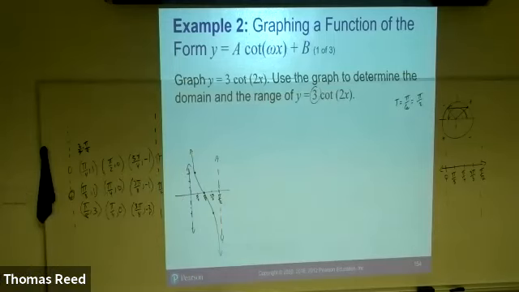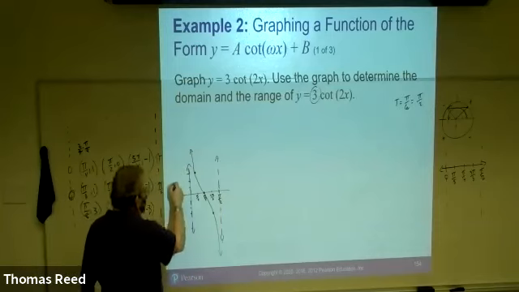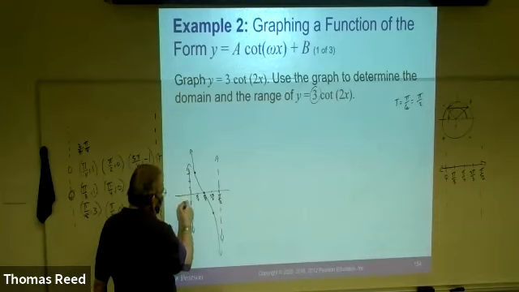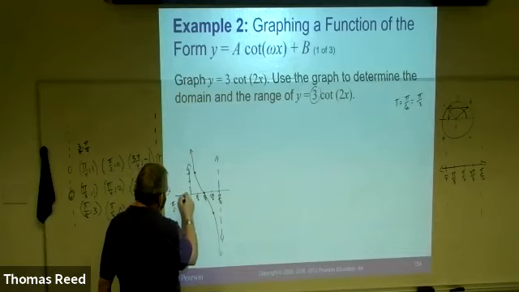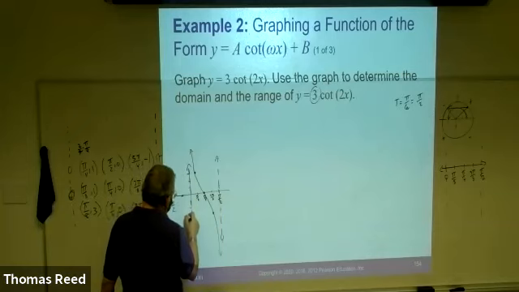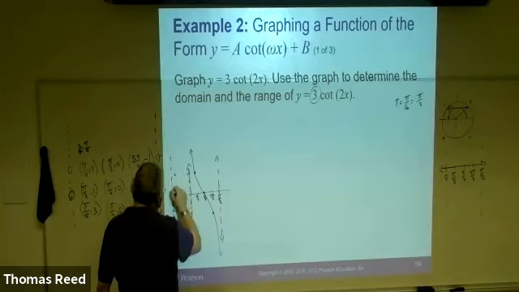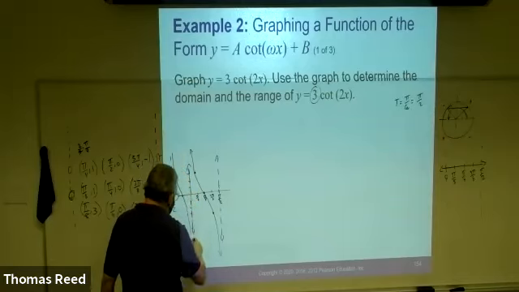And that's the graph. And then I would repeat it over here. So that would be to negative pi over 2. So this point, and this point. And I put in that asymptote and I draw it in here.